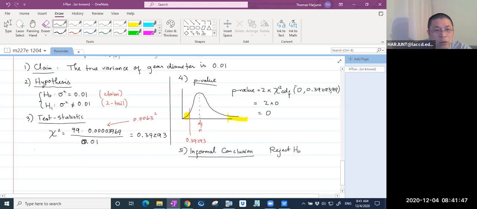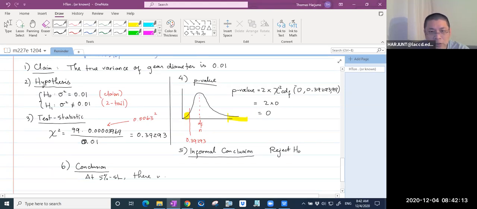So in our step 6 conclusion, then the wording will be trying to refute the claim, okay, reject the claim, trying to reject the claim, and we have sufficient evidence for that, okay?